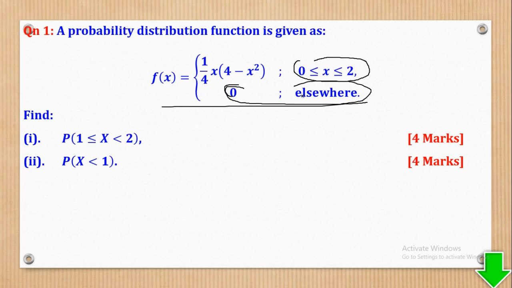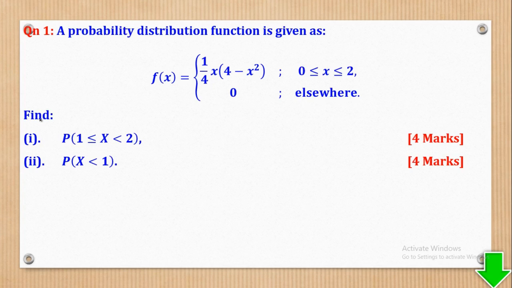They give you this PDF and ask you to find (i) probability of x greater than or equal to 1 but less than 2, and (ii) x is less than 1. So just start with part (i).